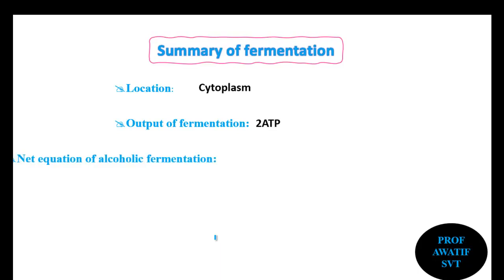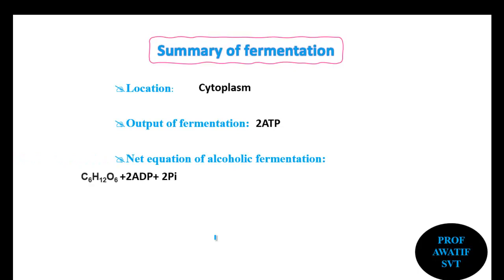Next, the net equation of alcoholic fermentation is next. So we have here the glucose molecule that's going to be converted into this new molecule over here, which is CH3CH2OH. So when we find OH, it means alcohol.